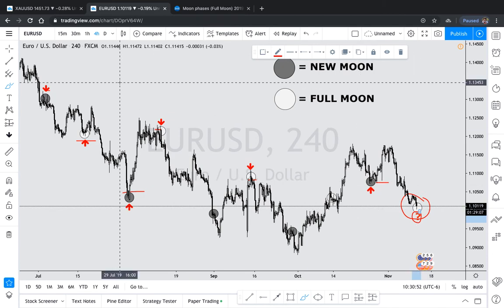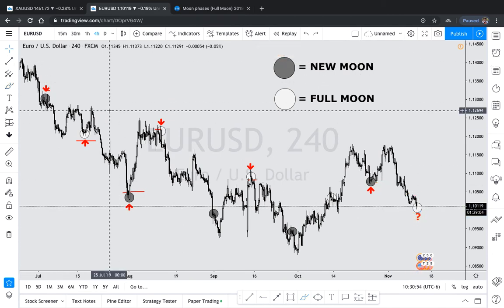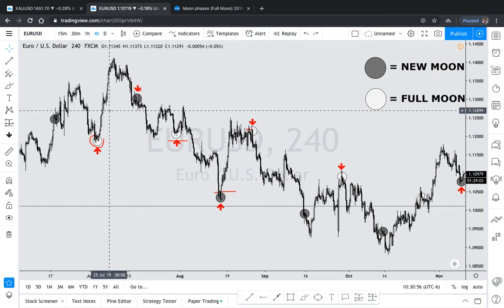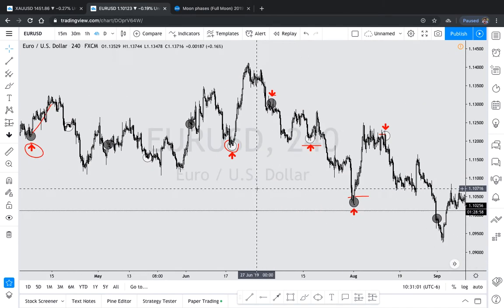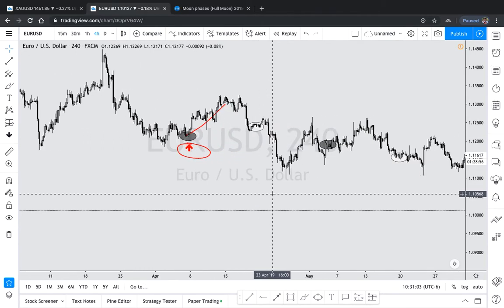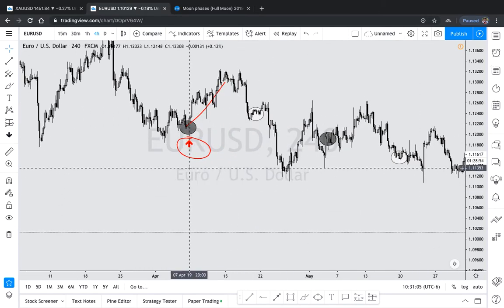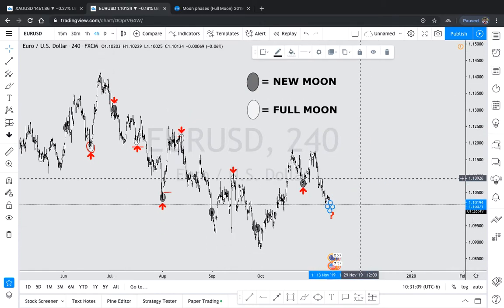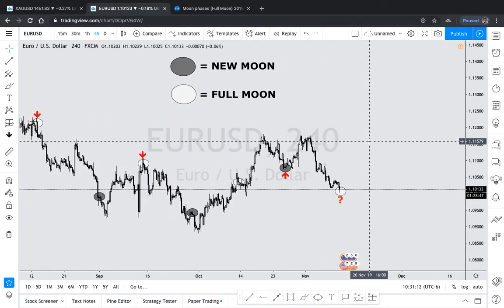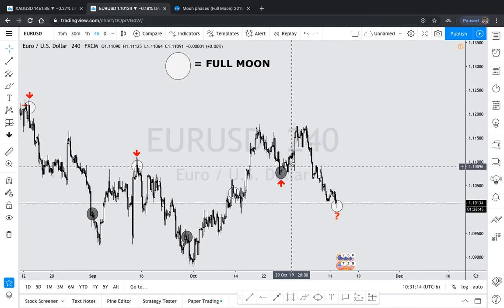I don't know if you guys are seeing the same thing that I'm seeing, if you're seeing a confluence or any coincidences in the markets, but I really do think, and again, you can backtest this. We can go all the way back. And I'm not just making this up. I'm not just throwing these moons on random dates and random reversal times.